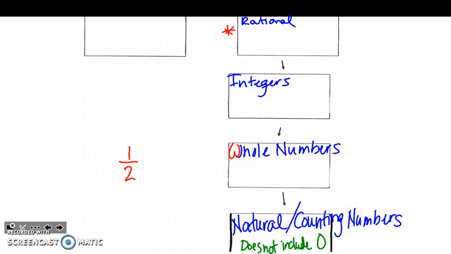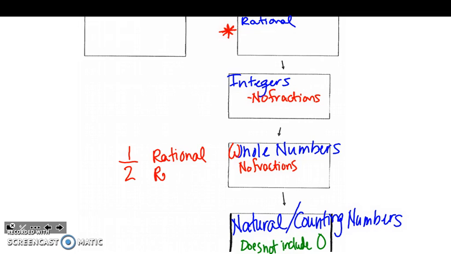They don't fall into any of these other categories. So if you don't have that written down, you can write that down. So fractions, the lowest category a fraction can go into is rational. So 1/2 is rational, and of course it's real because every number is real.